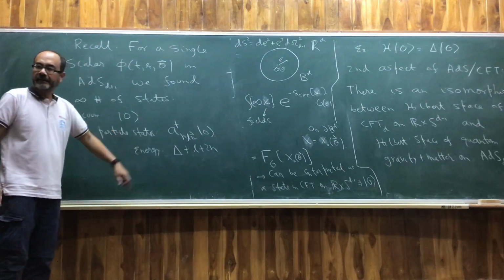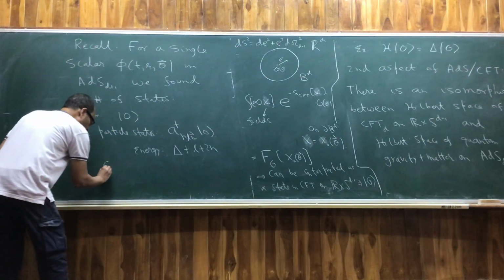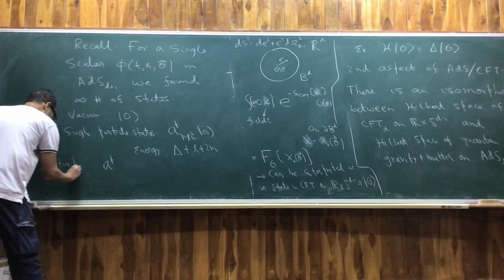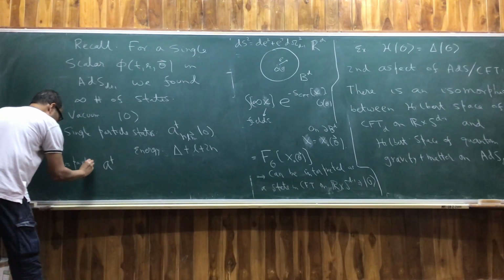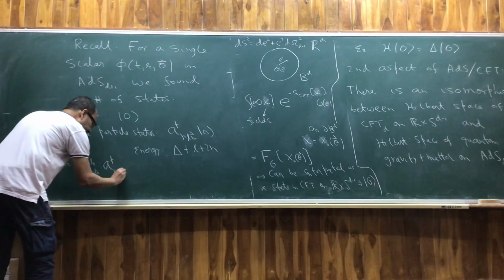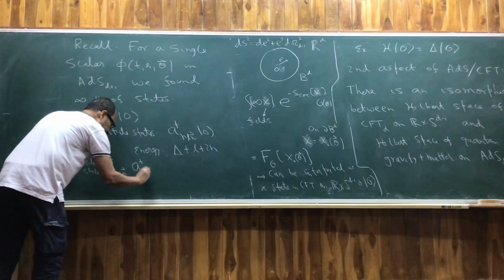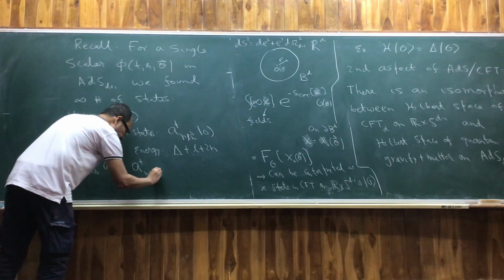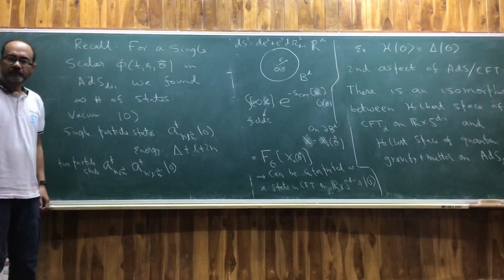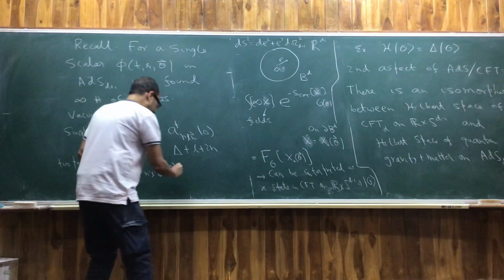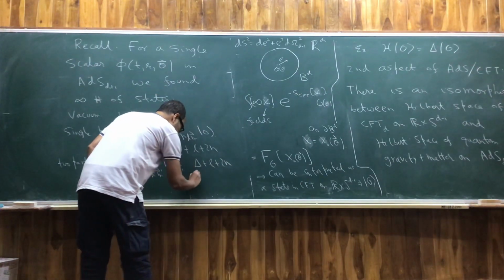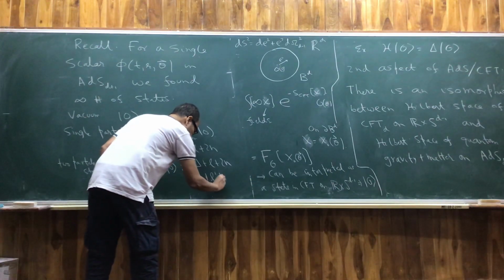Remember this. Then two particle states, a dagger_{nlm} a dagger_{n'l'm'} on the vacuum. The energy would be delta plus l plus 2n plus delta plus l' plus 2n'.